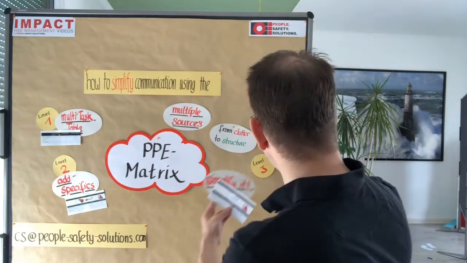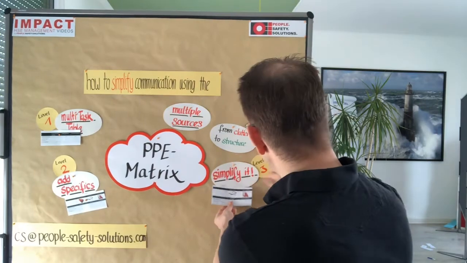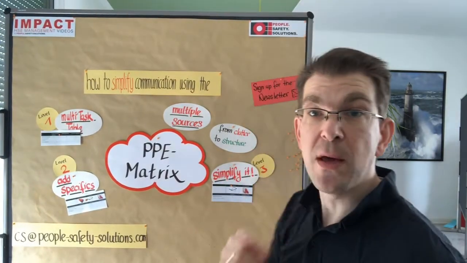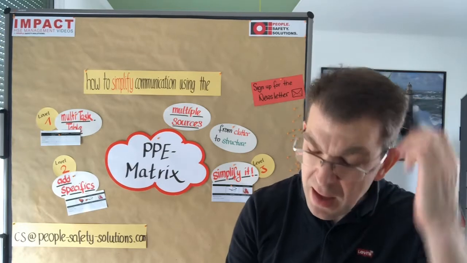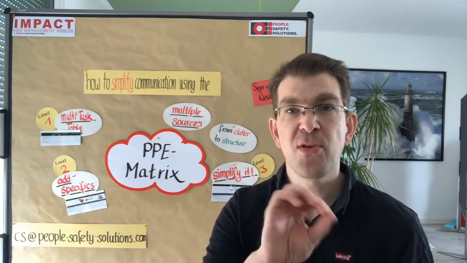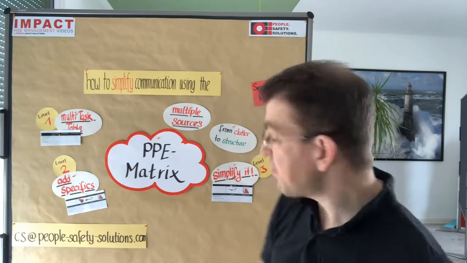Simplifying it is the overall goal of a PPE matrix, and it should also be done with the information which we provide in here. You might find out that for certain workstations there's only one set of PPE.